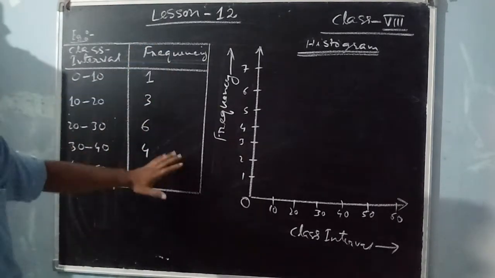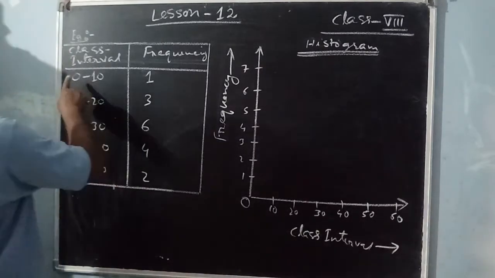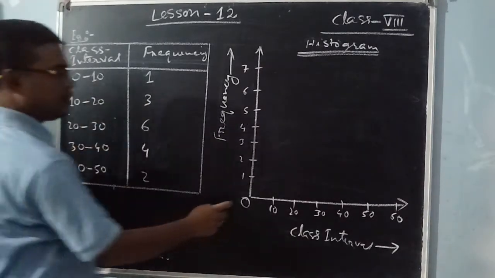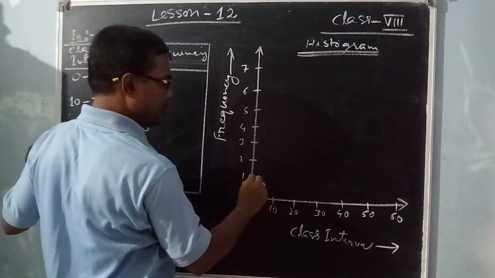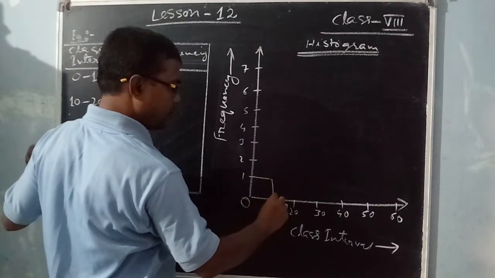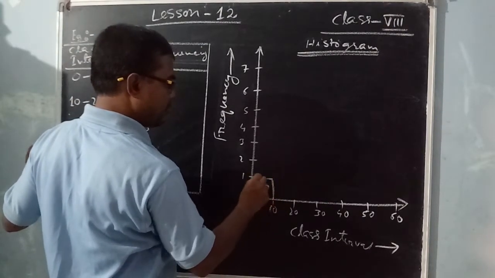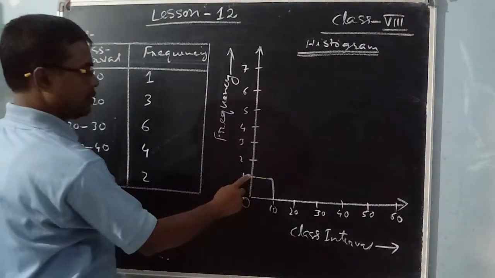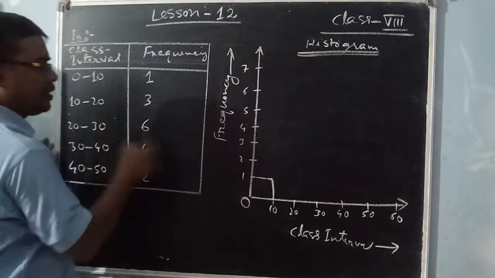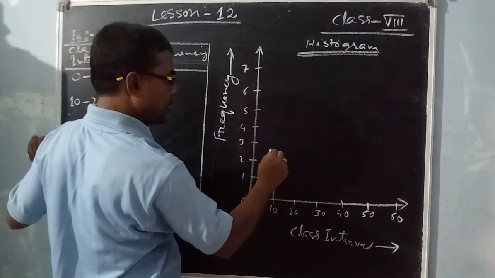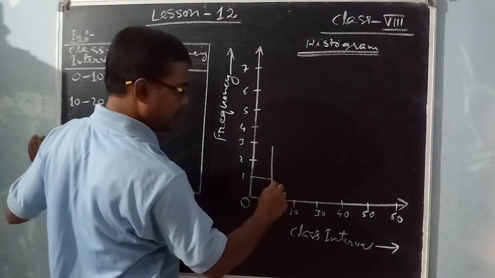Now 0 to 10, this is 1, up to this. After this, next value 10 to 20, it is 3, so up to 3 you extend it.